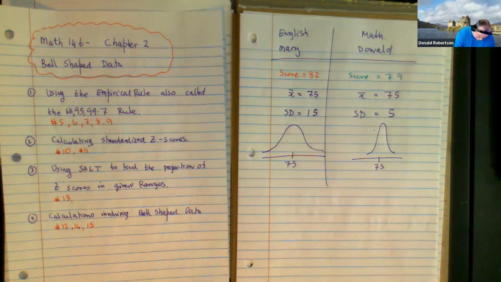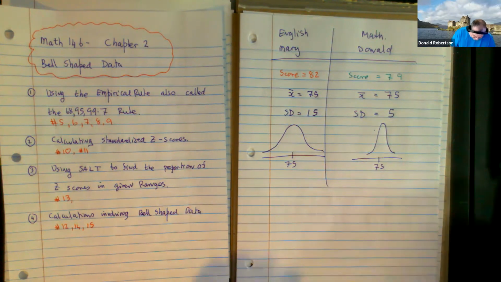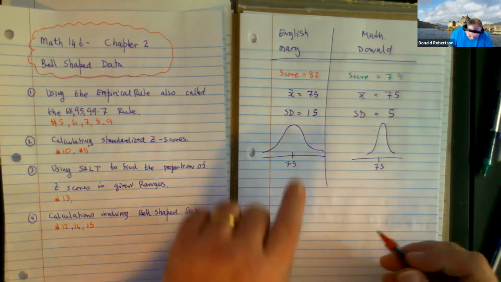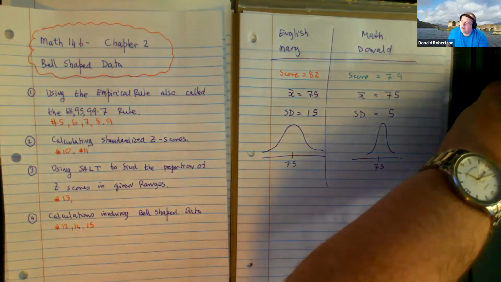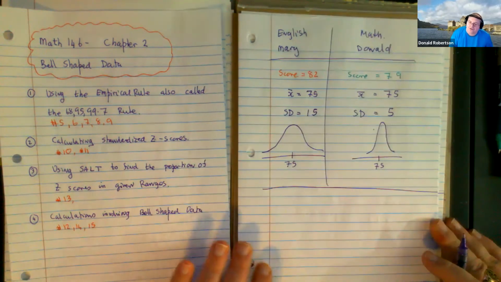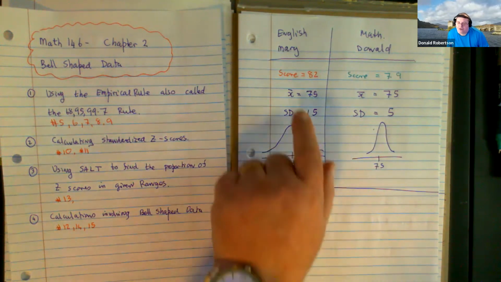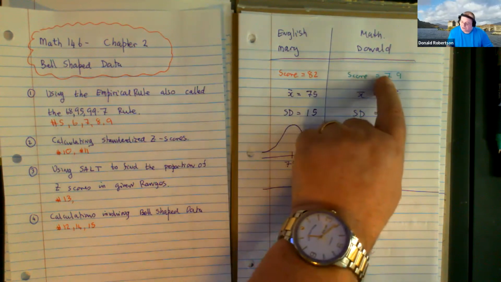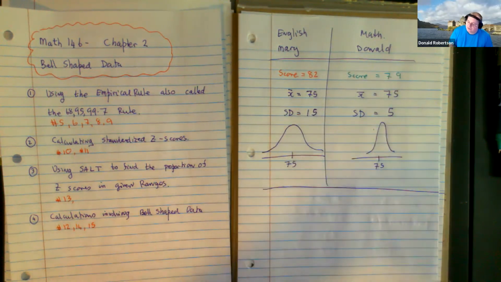And then if you put the 82 and the 75, don't you now get a better picture for who has actually done best compared to the other? And that's why we need a thing called a Z-score. Because what a Z-score does is it takes the raw data, right, the score, and it standardizes it so that you're comparing like with like.